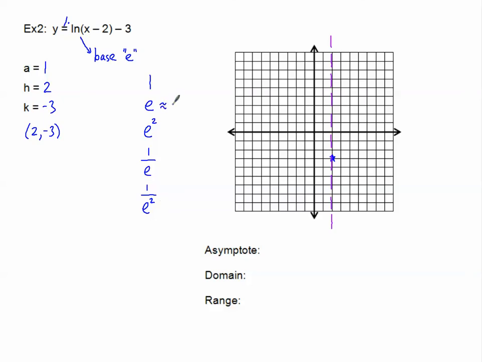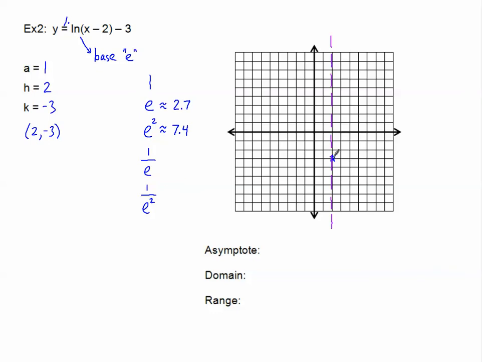E is approximately 2.7, so I'll put in the 2.7. And if you want to check on the calculator, or I'll just tell you, e squared is approximately 7.4. So these are going to be all approximations. I have no idea what 1 over e is and what 1 over e squared is. I could use the calculator for that, but again, these are really just the cheat points, and you'll see what we do when we get there.